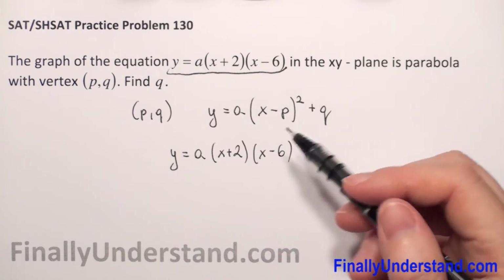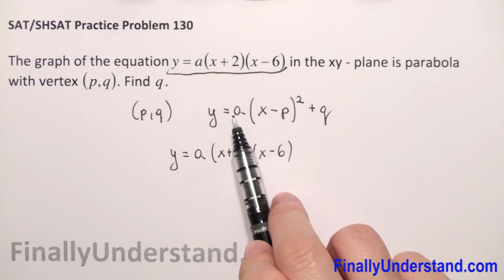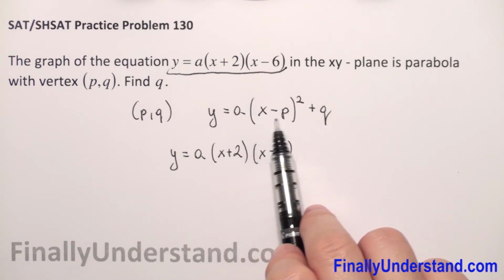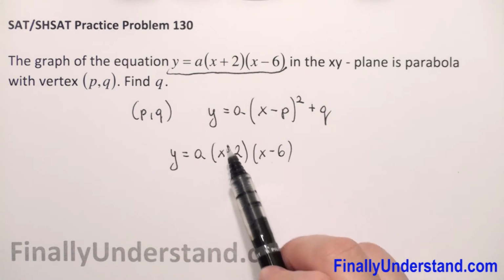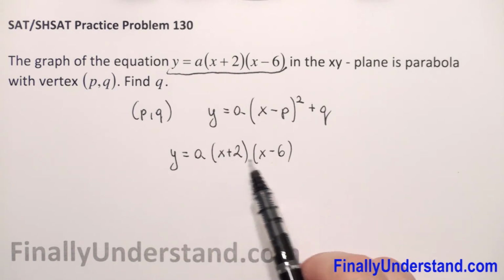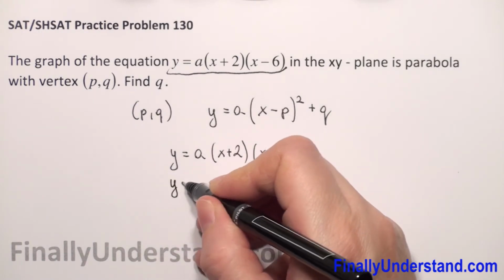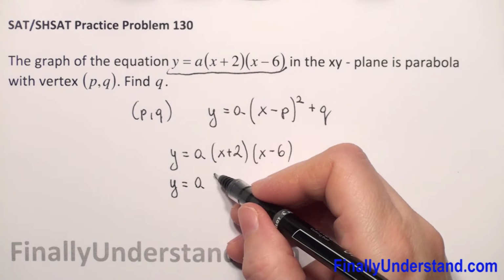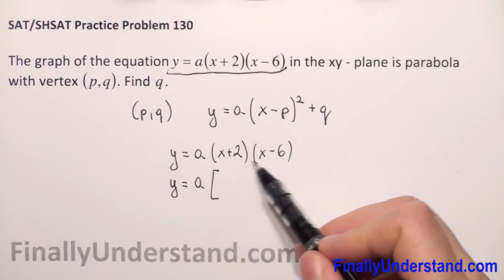What I will do, I will leave a, because we have a before our expression (x minus p) to the second power. And I will first multiply these two parentheses. So let me copy the left side and a, and I will put in brackets whatever we get from the multiplication.